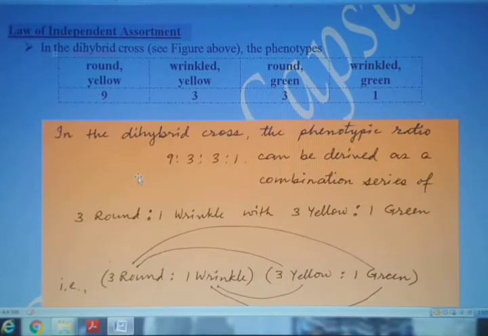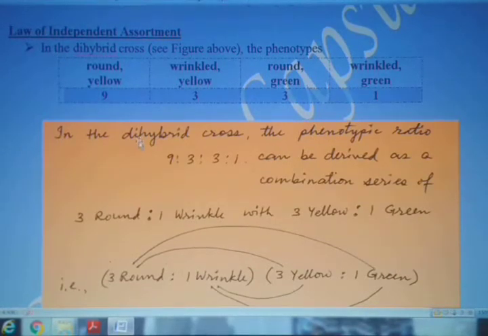Means they do not affect each other. Let us see here the ratio that was obtained by Mendel when he studied these two characters simultaneously. That was 9:3:3:1 ratio, where 9 were round yellow, 3 were wrinkle yellow, 3 were round green, and 1 was wrinkle green.